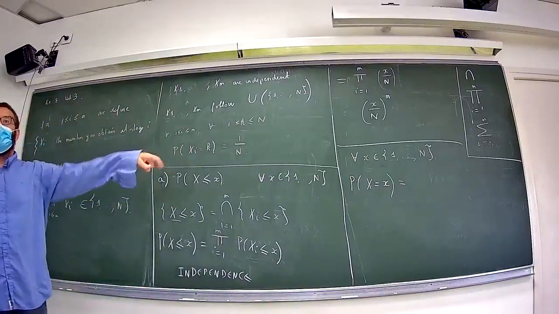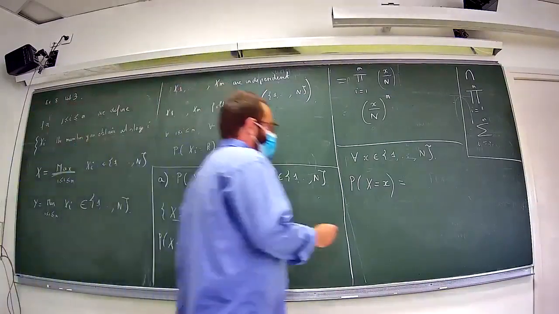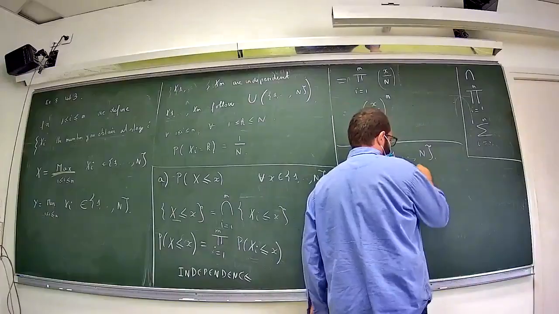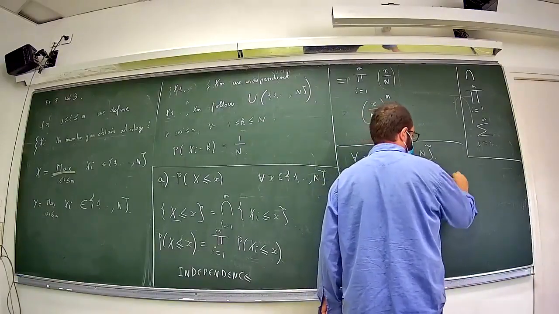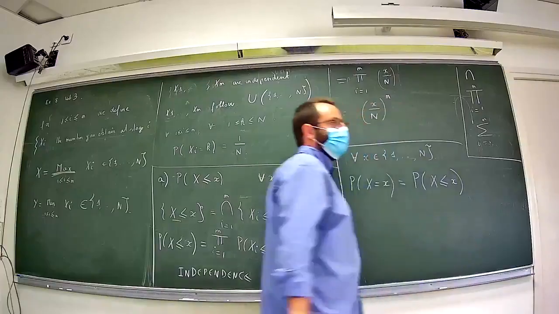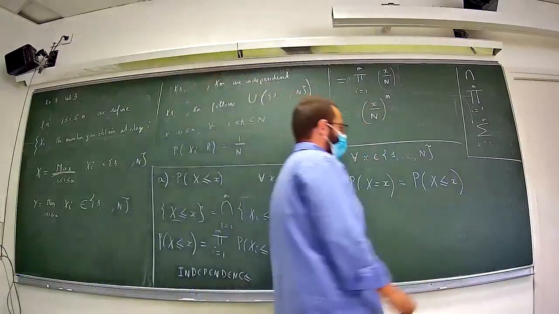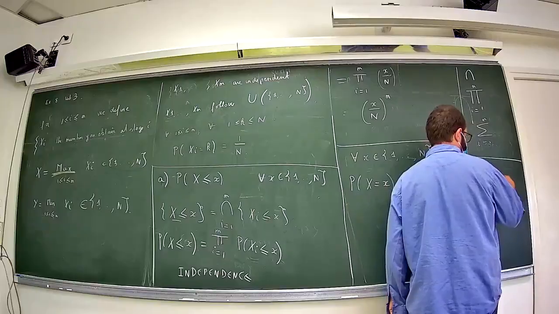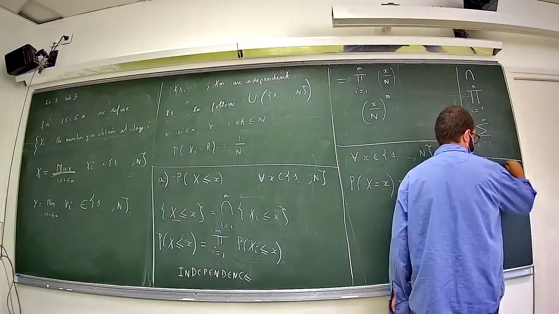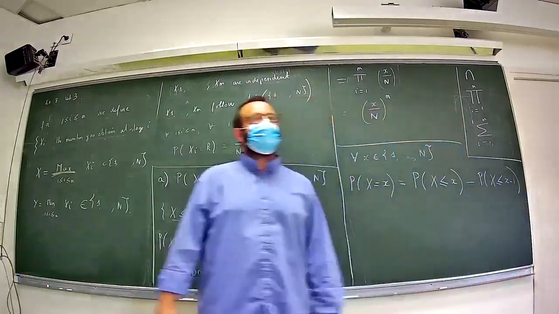And so the probability mass function here can be defined as the probability that X is less than or equal to small x, minus the probability that X is less than or equal to x minus 1.